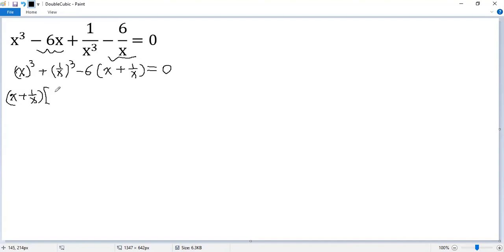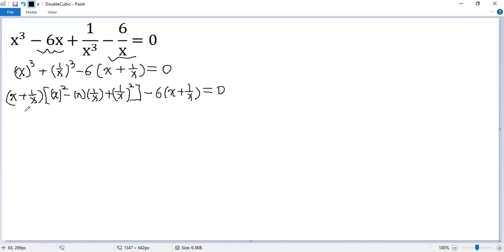times a squared, which is x squared, minus ab, so x times 1 over x, plus b squared, which is 1 over x squared, and then minus 6 times x plus 1 over x equals 0.